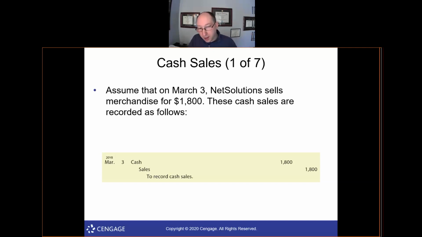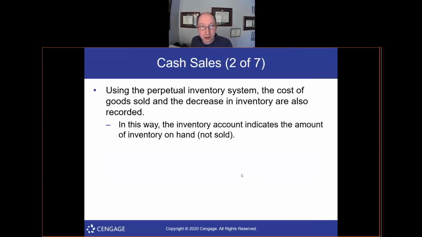So we credit sales by the same amount to increase our sales amount. So debit cash to increase cash. Credit sales to increase sales. There's a second transaction that needs to happen, of course, to reduce our inventory. And I'll show you what that looks like.